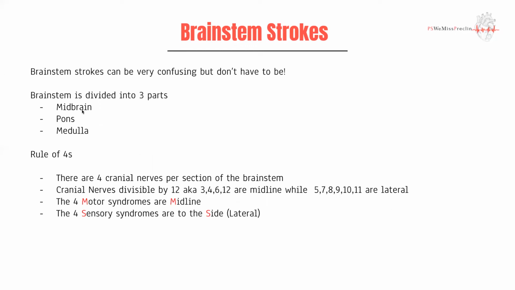So 4 times 3 is 12. The cranial nerves that are divisible by 12, so 3, 4, 6, and 12, are midline, while everything else is lateral. Stay with me. The 4 motor syndromes are midline, and the 4 sensory syndromes are to the side, or they're lateral.